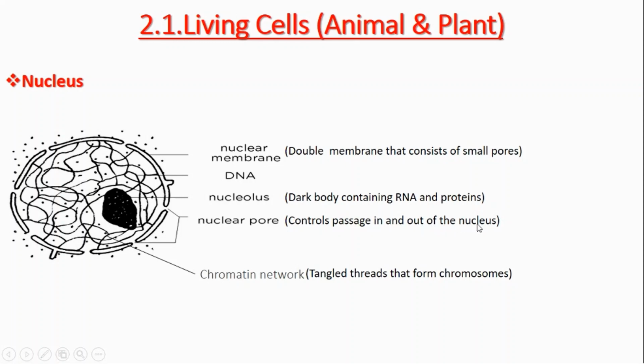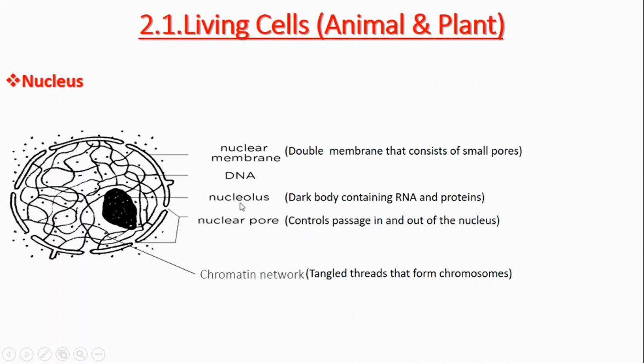So unlike the plasma membrane, which does not control what goes in and out, it only allows things to go in and out. It is the nucleus that controls what goes in and out of the cell. But now that we are studying the nucleus alone, we find that it is the nuclear pore that controls what goes in and out of the nucleus.